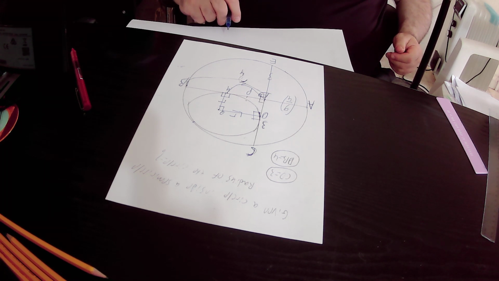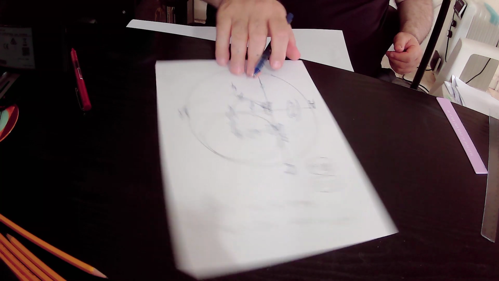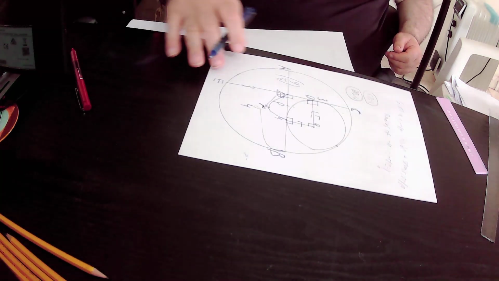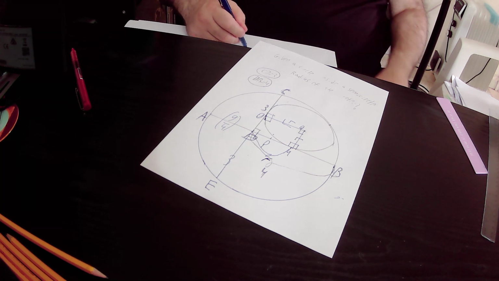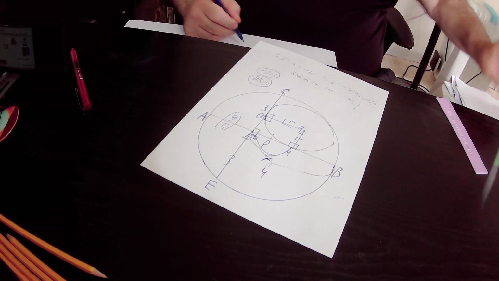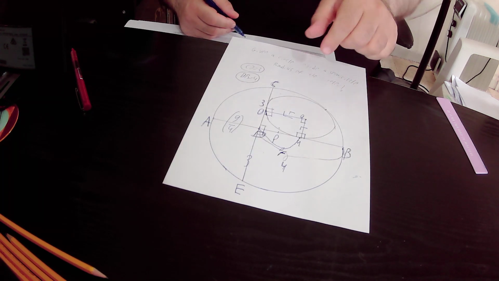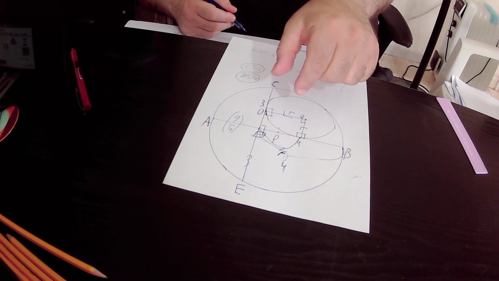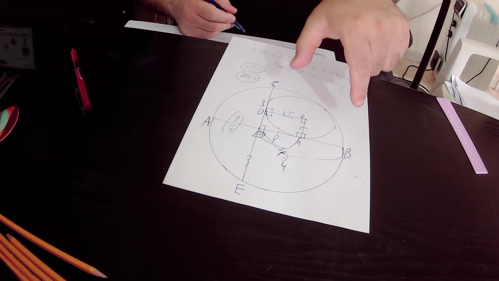And what is the length of DP? The length of the short line segment DP, from the drawing, it is very easy to see that the length of the short line segment DP equals DB minus PB.